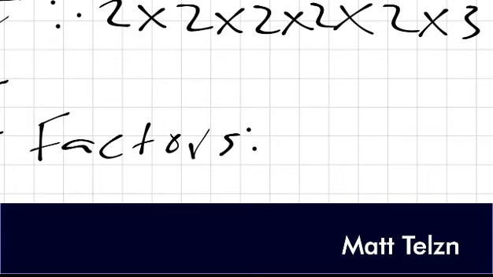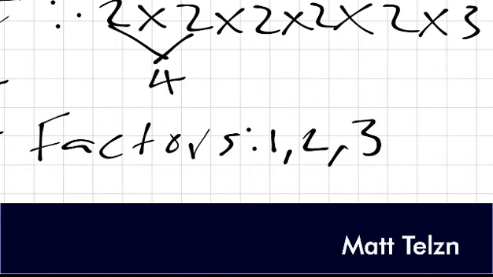Now we are going to have 1, 2, like that in ascending order. The next one is 3. Now, is 4 a factor of 96? Yes. How will you know? If you multiply 2 times 2, you have 4, right? So 4 is a factor.